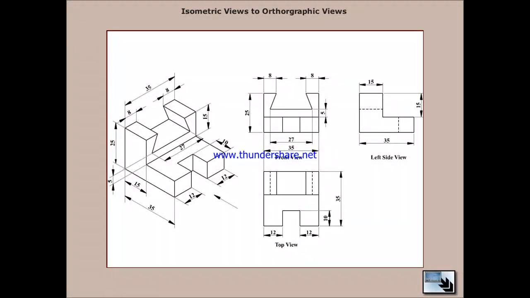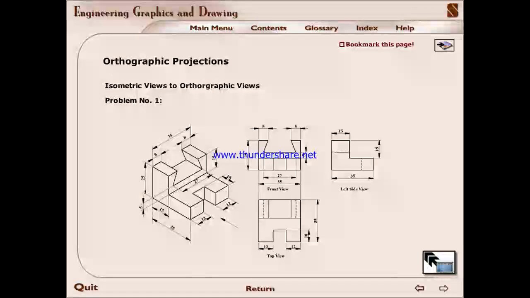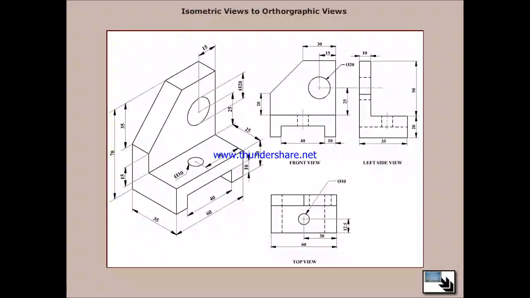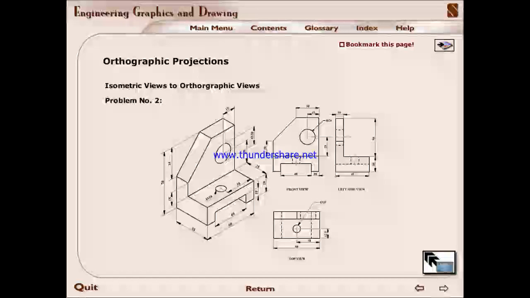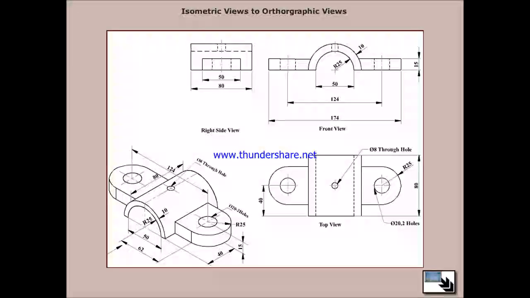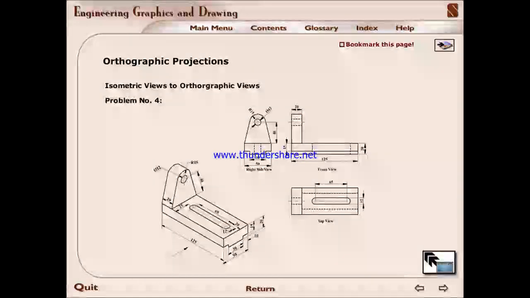This is the isometric view, and the remaining front view, top view, left side view are the orthographic views. Problem number 2. Three, four.